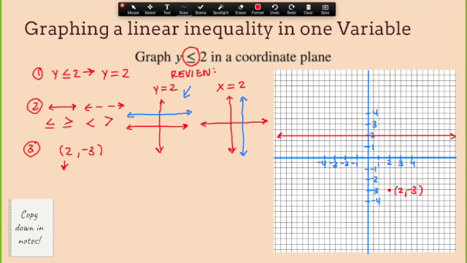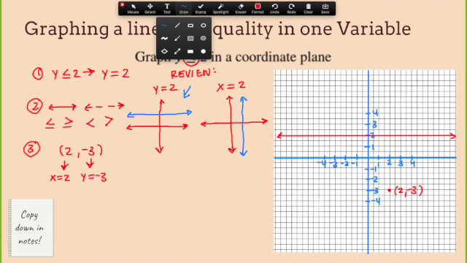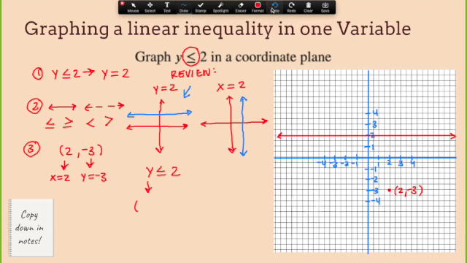I know that 2 is my x value, -3 is my y value, and I want to plug that into the inequality statement that's given to me. So the inequality statement that's given is y is less than or equal to positive 2. And so I'm going to take my y and substitute it for -3.